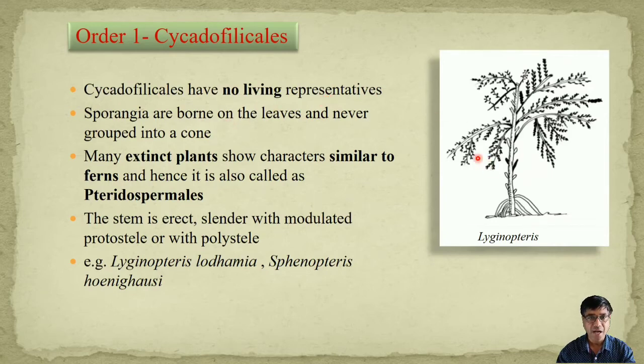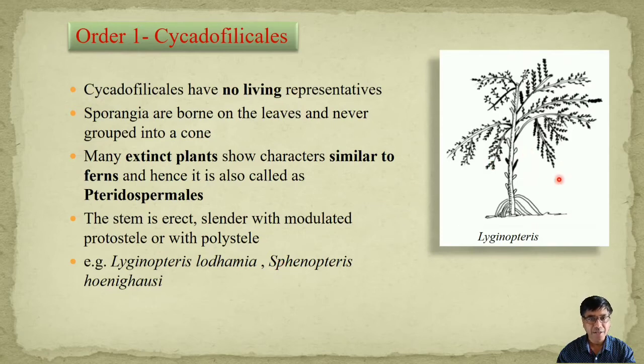The sporangia are borne on the leaves, and the sporangia never group into a cone. Many extinct plants show characters similar to fern and hence it is also called Pteridospermales. Seeds are produced on modified or unmodified foliage leaves. The ovules lack annulus.